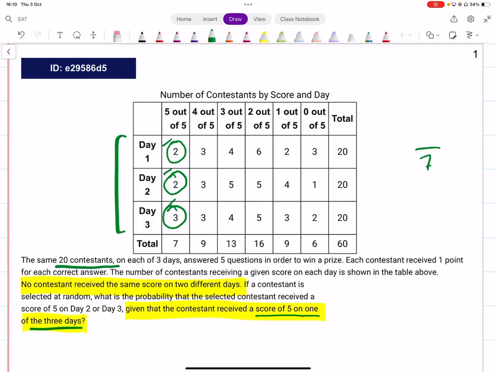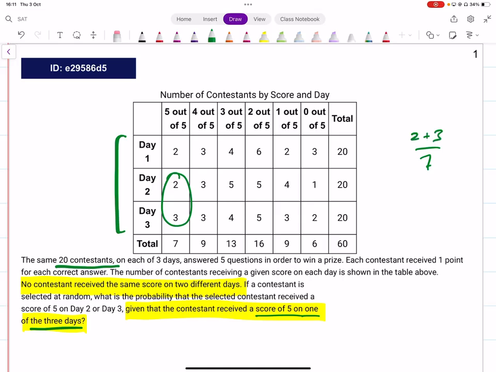Okay? Now, out of these 7 people, they are saying if a contestant is selected at random, what's the probability that this contestant received a score of 5 on day 2 or day 3? Out of these 7, how many received a score of 5 on day 2 or day 3? 2 plus 3, that's 5.